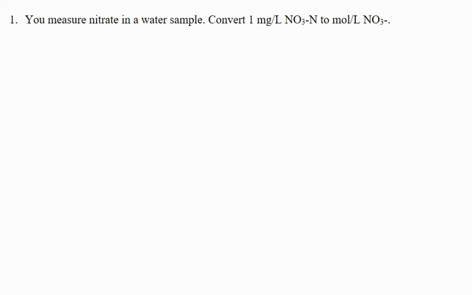So you measure nitrate in water, and you need to do this conversion where you are taking 1 milligram per liter nitrate as nitrogen and converting it to moles per liter of nitrate. So whenever you see this kind of notation where it's dash something, that means as measured.